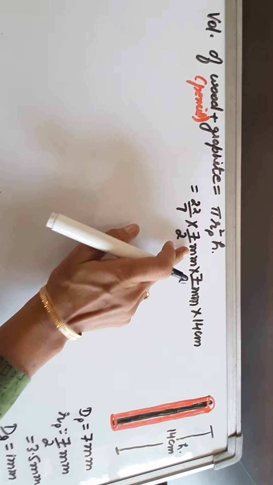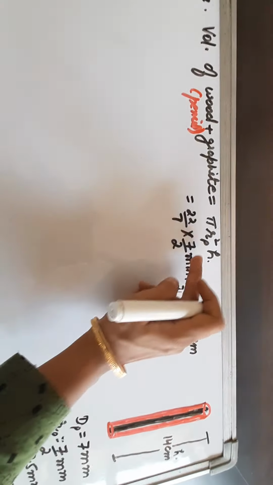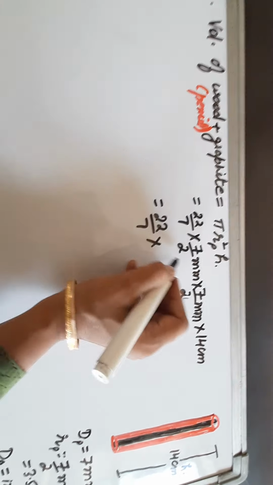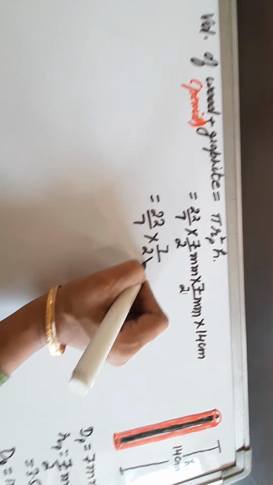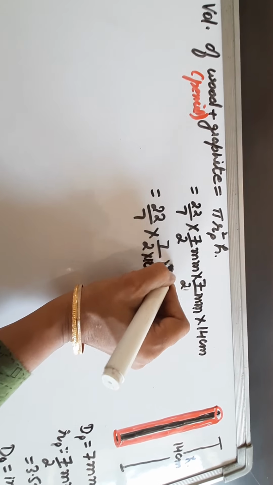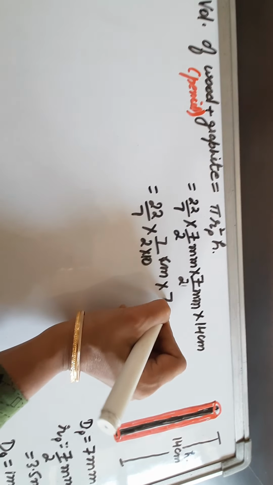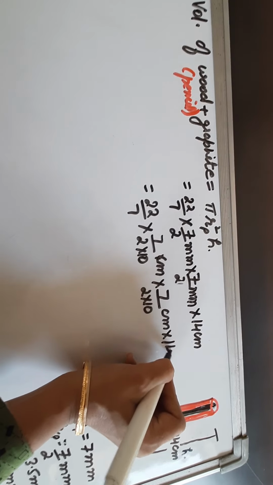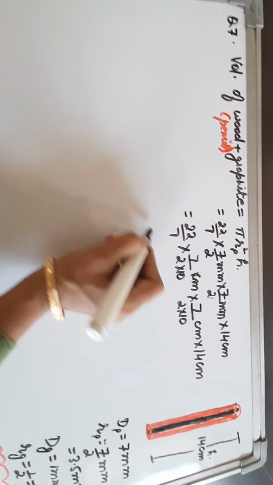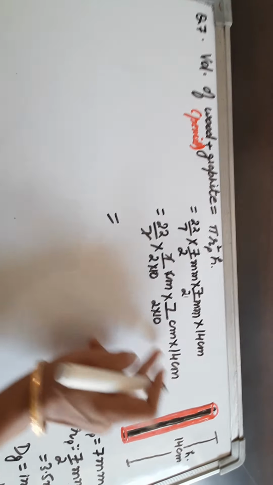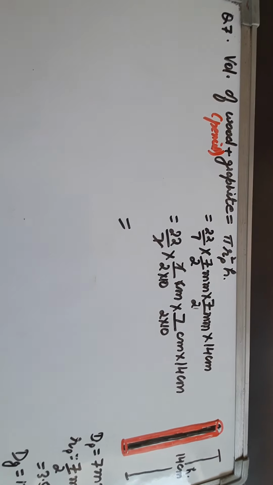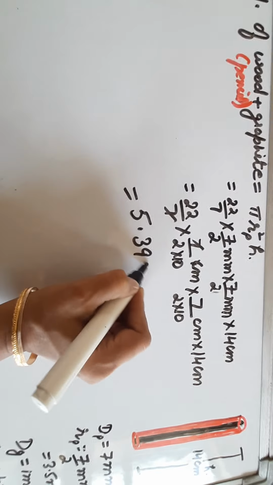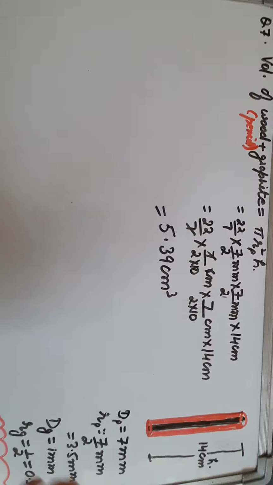So we have to convert these millimeters into centimeters by dividing the values by 10. So let us take 22 by 7, 7 by 2 with a 10 in the denominator to convert it into centimeter, same here, 7 by 2 into 10. Now the whole part is converted into centimeter. By solving it, we get 5.39 cubic centimeter. This is the volume of the complete pencil.